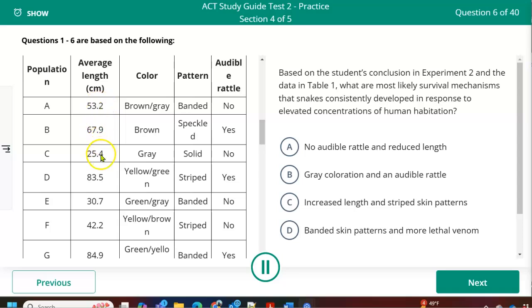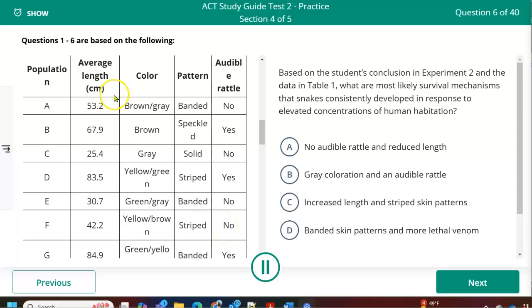A, C, E, F. All right, what I'm seeing here is, first of all, gray coloration. A, C, E, F. No, see, that's not gray. Well, actually, let's just start here. No audible rattle. A, C, E, F. Yes, that fits.